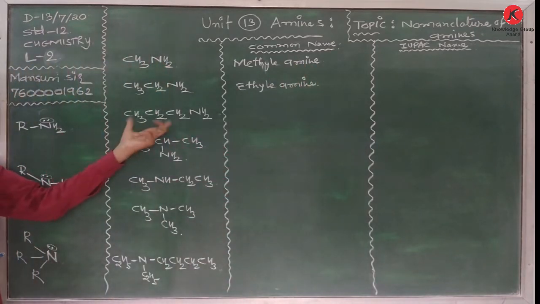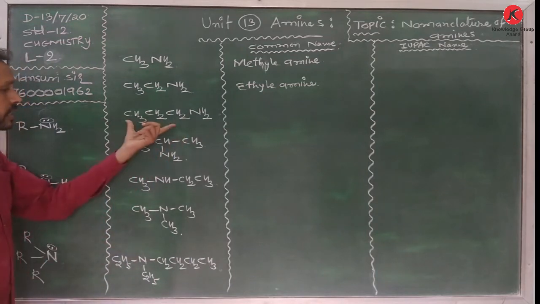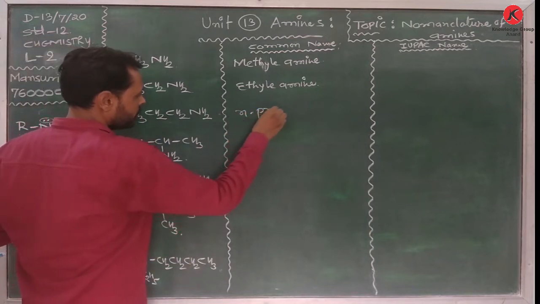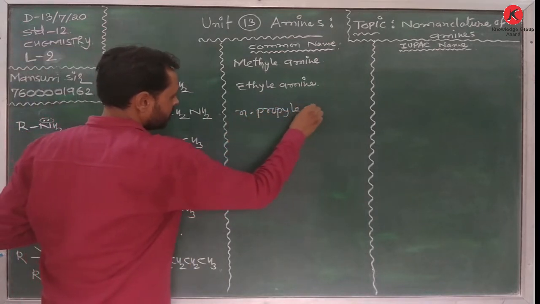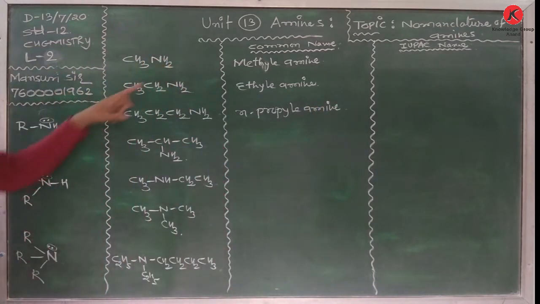Thereafter here propyl amine, but there is no branch in the carbon chain, that is why it is normal. So normal propyl amine is there. This is the common name.